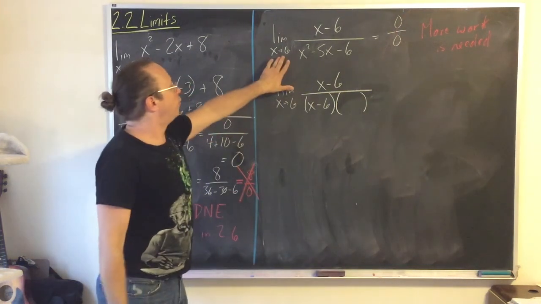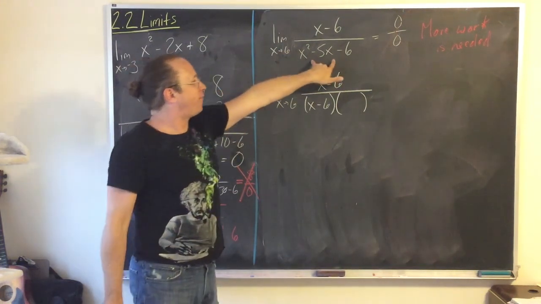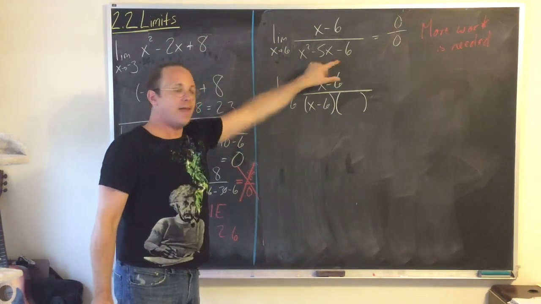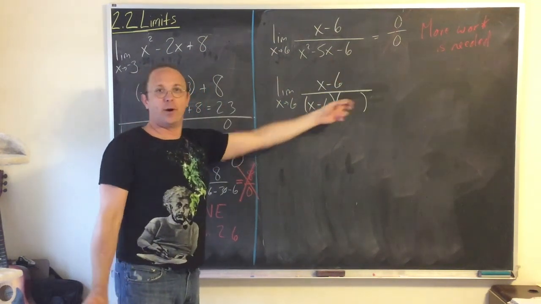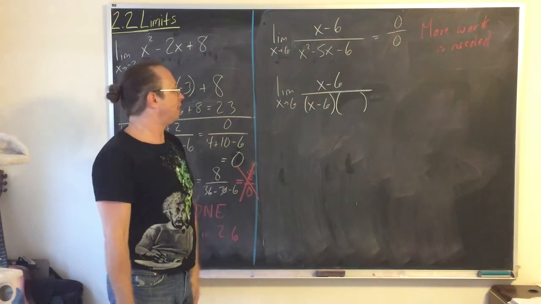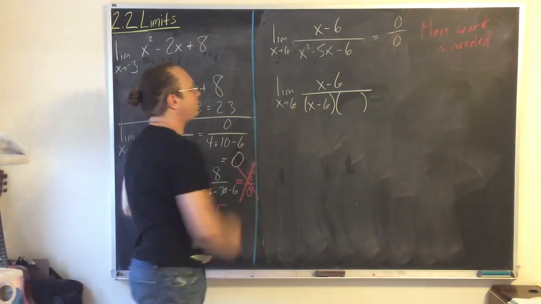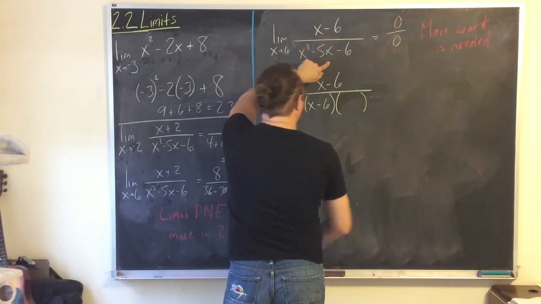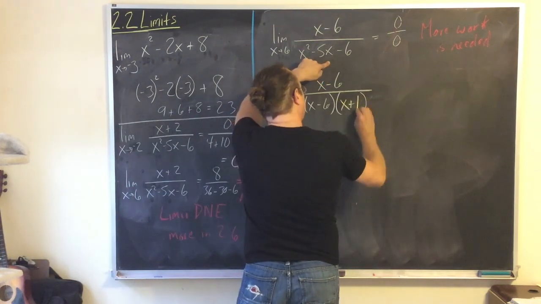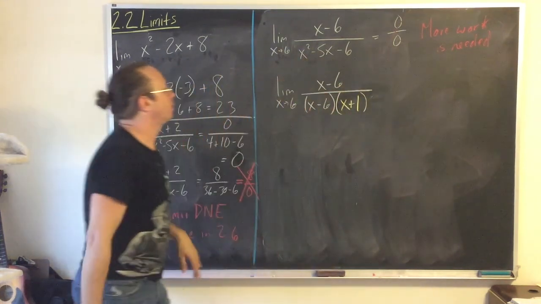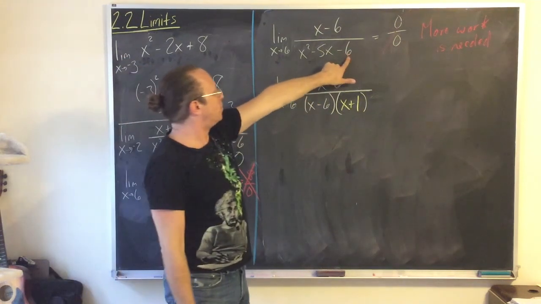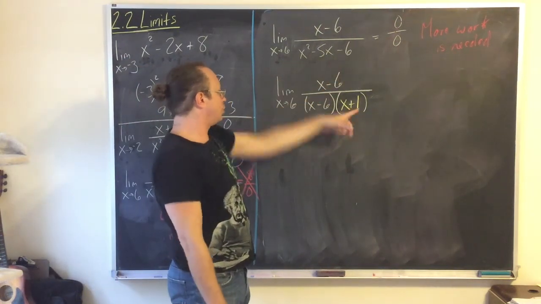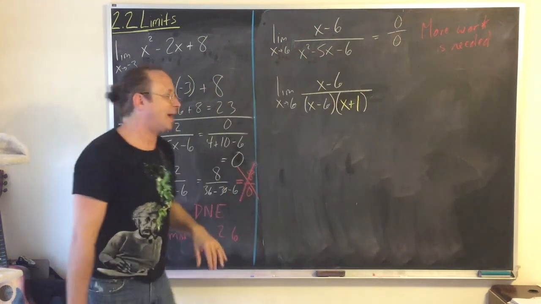If when you plug a number into a function, you get 0, that means that x minus that number must be a factor of this guy. So therefore, we have x minus 6. Well, if I'm going to factor this guy, my only possible action is x plus 1. That's the only way to multiply to get -6. And you can check that if we FOIL this out, we get that guy right there.